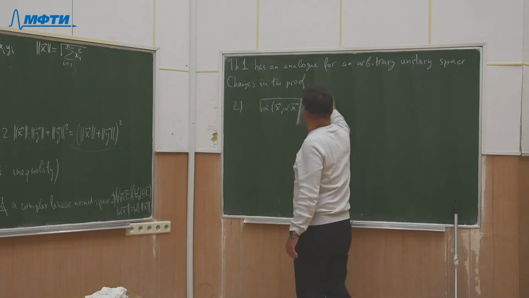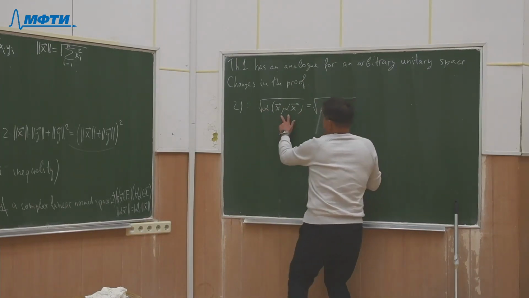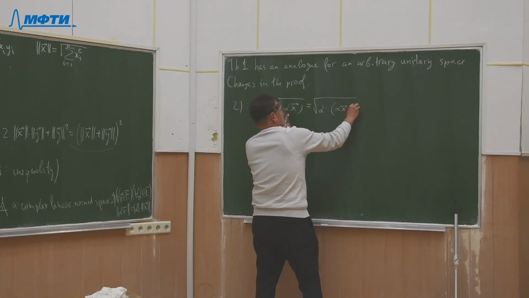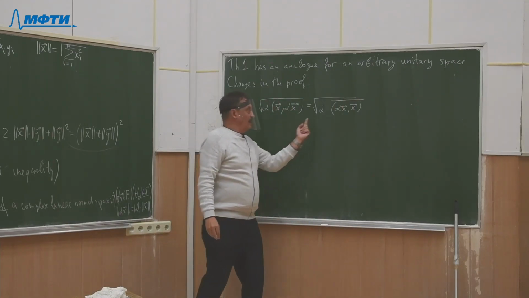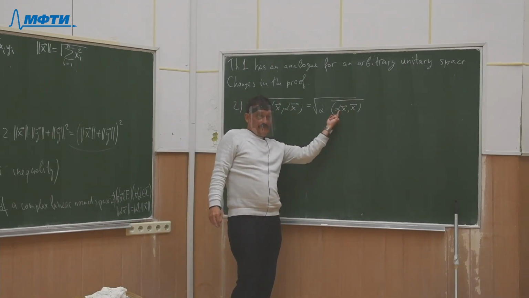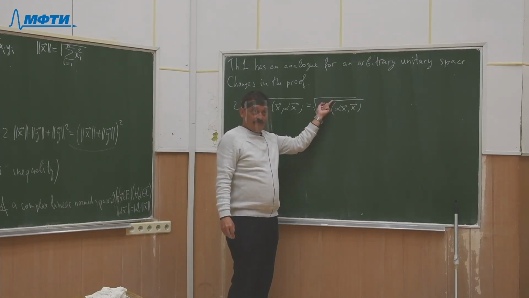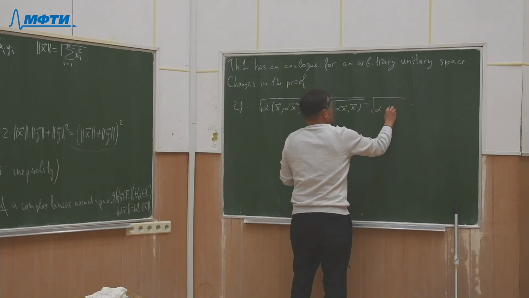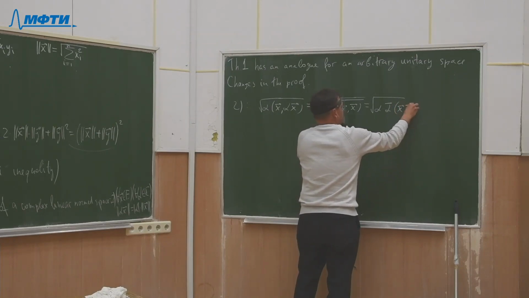Then we write like that, alpha times, if we change, we put the conjugate. After that, we can take alpha outside, but with conjugate. So we have alpha times alpha conjugate times (x,x).